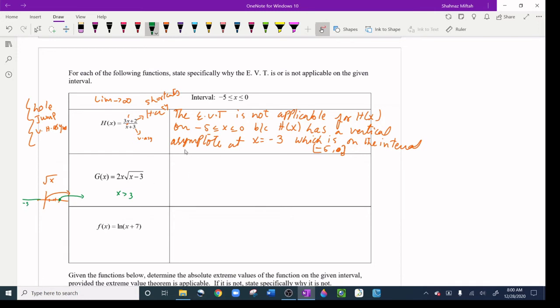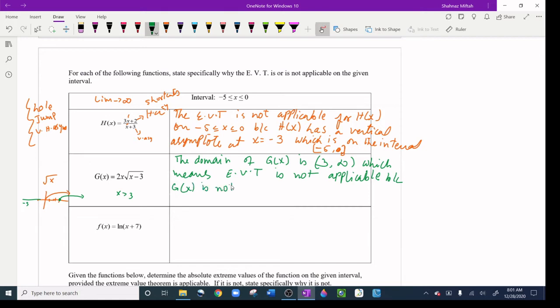So it's not continuous between -5 and 0. So I'm going to say the domain of g of x is 3 to infinity, which means the EVT, extreme value theorem, is not applicable, because g of x is not defined at all values on the interval -5 to 0, closed.